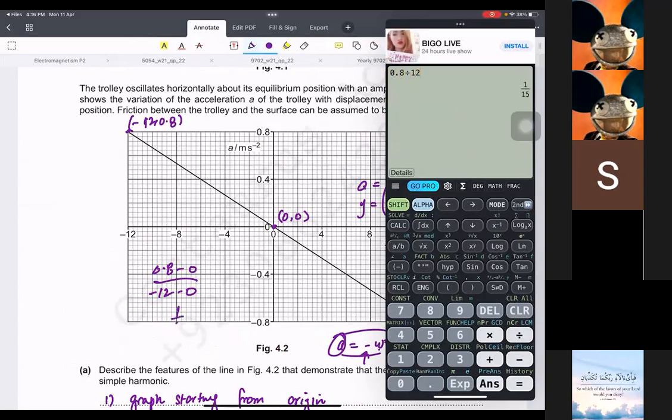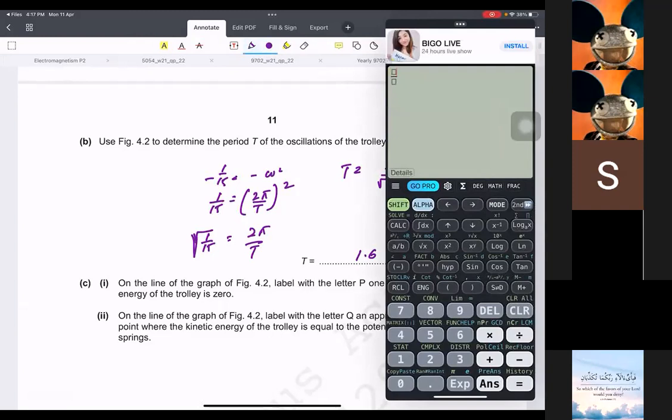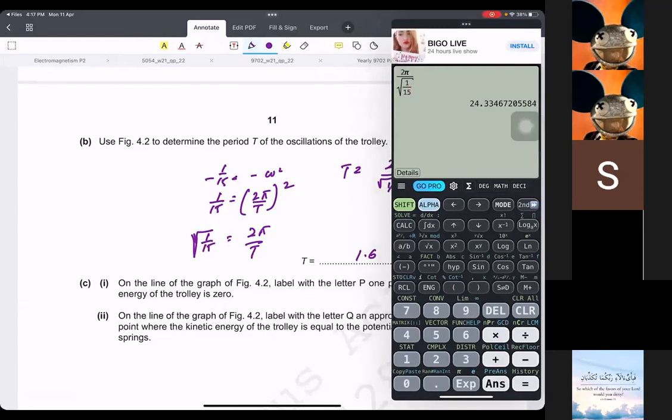Yep, it's 1/15, it came in minus, I flipped it, sorry. We write this as 1/15, okay. Now let's try this. 2 pi over root of 1 divided by 15. Oh my god, what a complex number. Sir, this is right, I also get 24 but the marking scheme has 2.4.